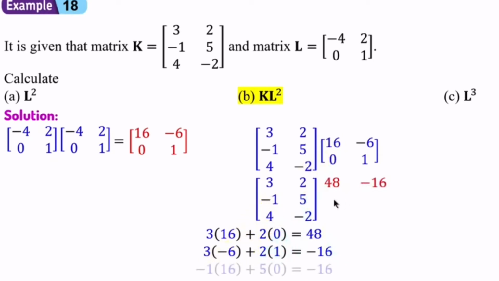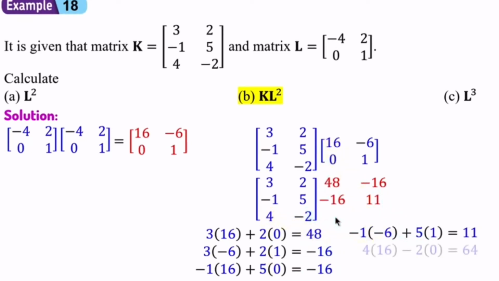So you have to follow systematically and make sure it's in order when you multiply the two matrices. Okay, so it actually tests your carefulness. You need to be very careful. All right, so we have completed this K times L square.